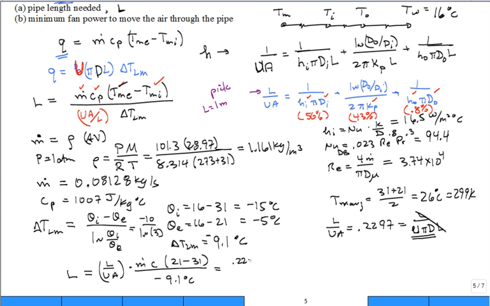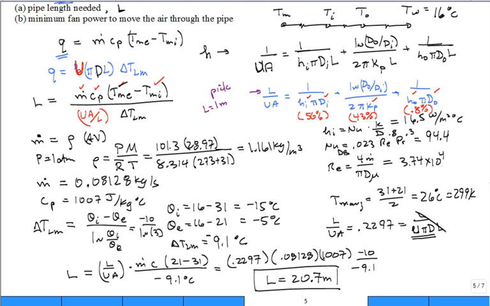So it's 0.2297 times the mass flow rate, which we calculate to be 0.08128, times the specific heat, look it up, 1007, times negative 10 divided by negative 9.1. And the length needs to be 20.7 meters.